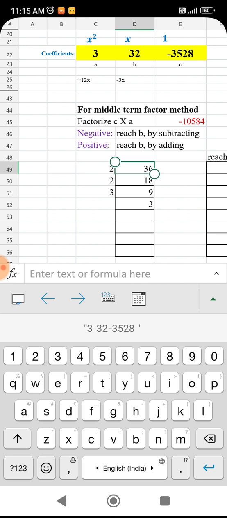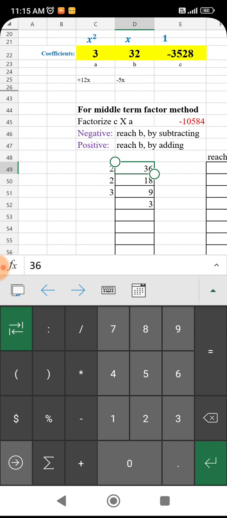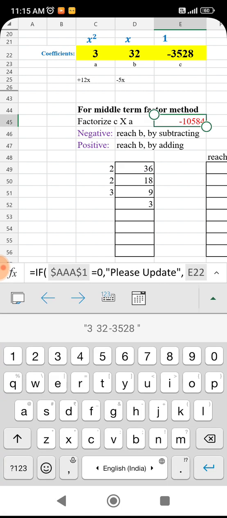But here, don't try to multiply these. If you try to multiply these 3, it will just be a waste of time.